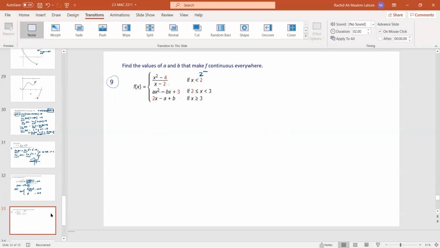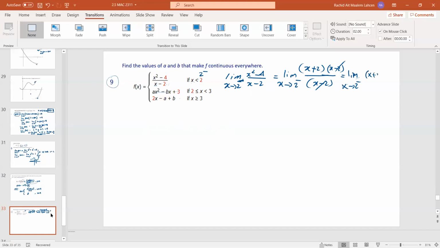So the limit of x squared minus 4 over x minus 2 as x approaches 2 equals, this factors, and now if we use direct substitution, it is 4.